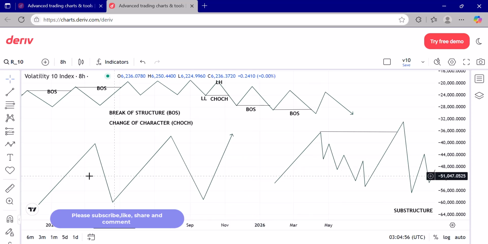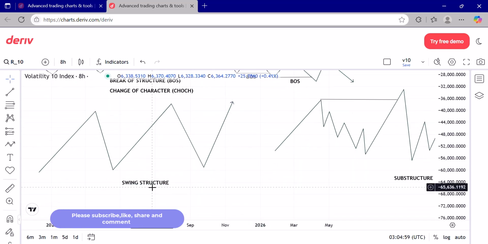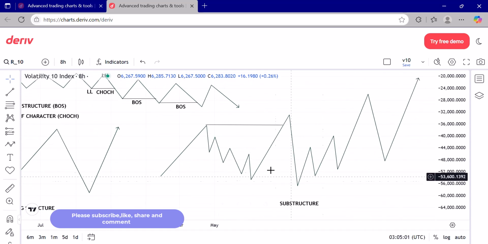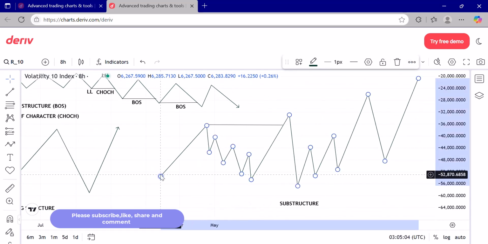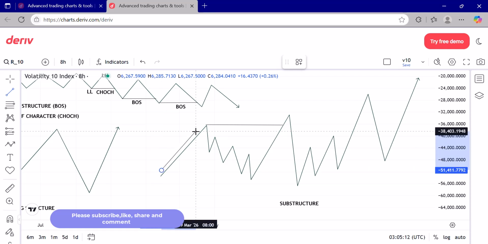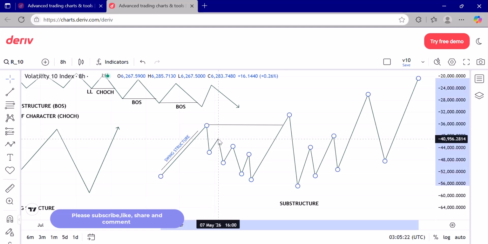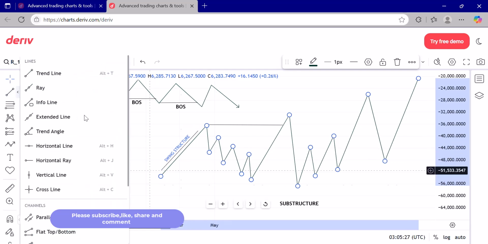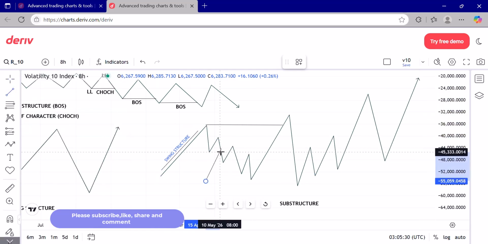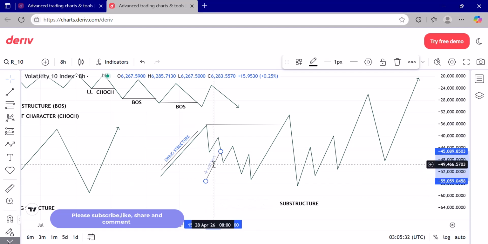So the market does not just behave like this, high low, but this we will call the swing structure. Why this is what we call our substructures. So these are the swing structures. These ones, they are the swing structure. And then these little ones, what we call substructures.